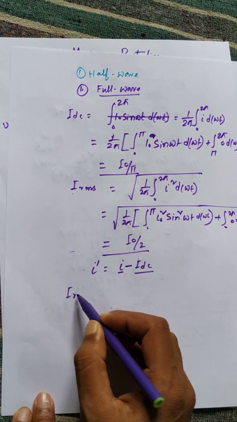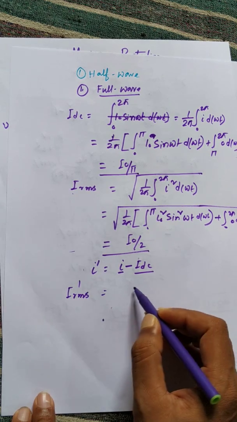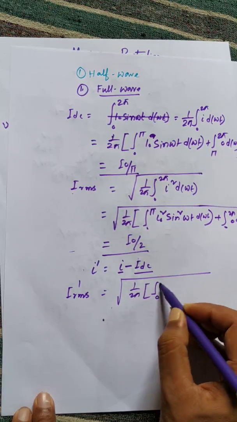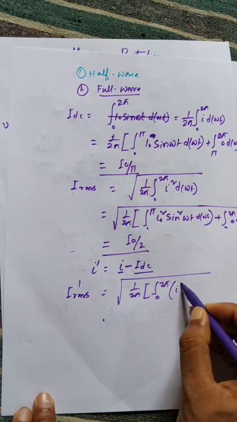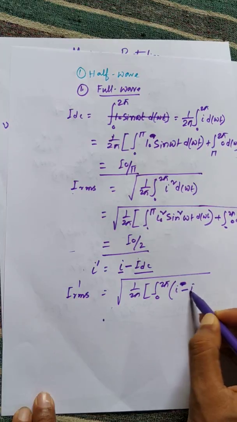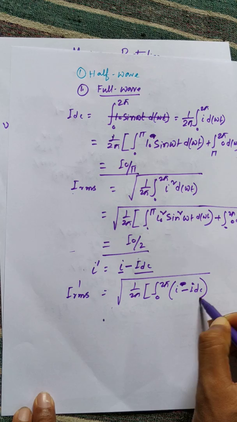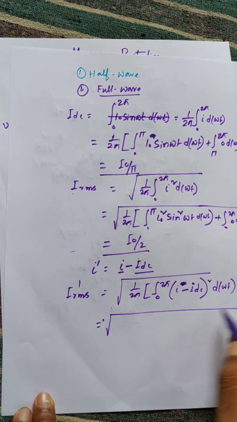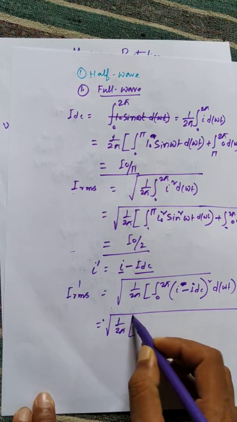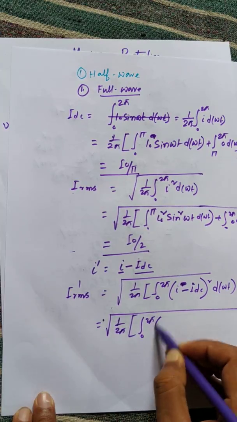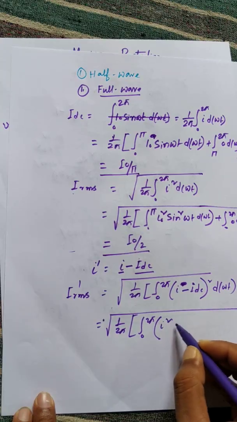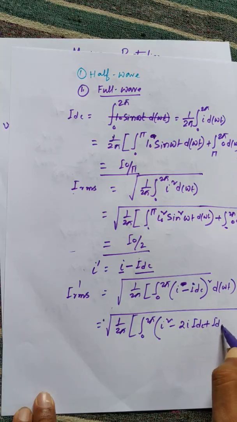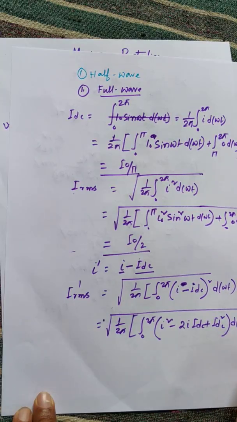I RMS prime is equal to the square root of 1 by 2 pi, integral 0 to 2 pi, of (I minus IDC) whole squared d omega t. Okay, and this is equal to 1 by 2 pi, integral 0 to 2 pi, of I square minus 2 I IDC plus IDC square d omega t.